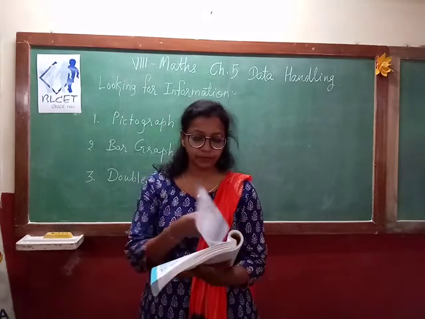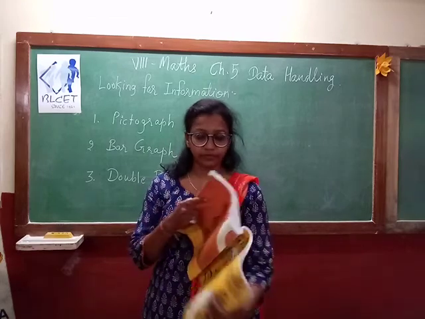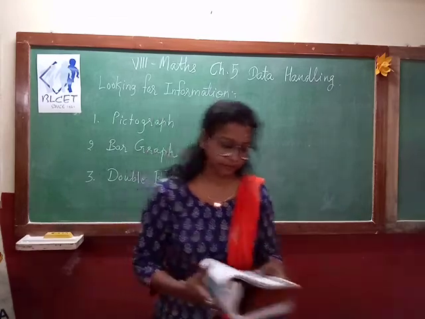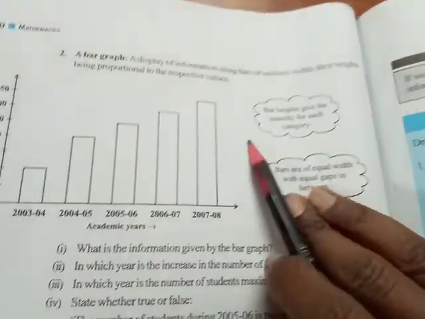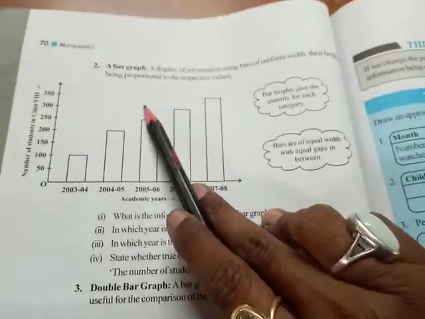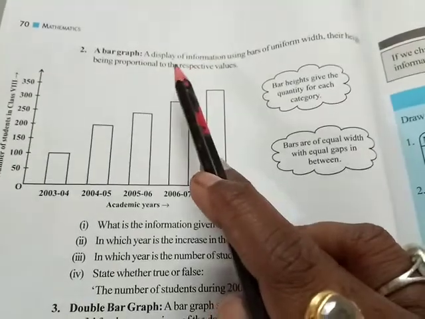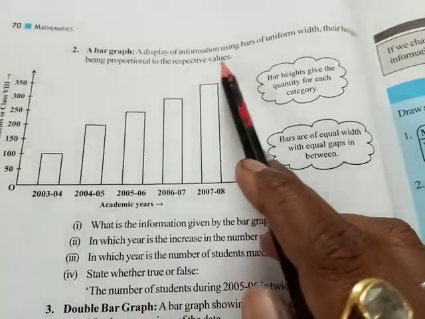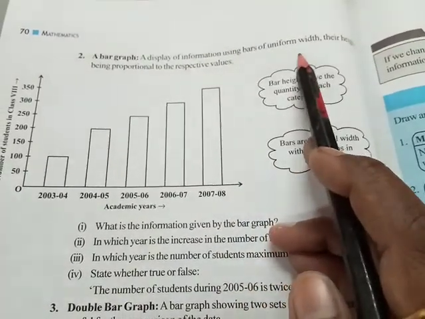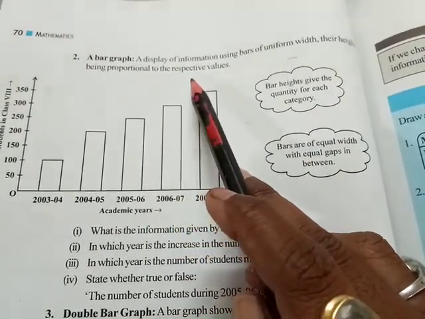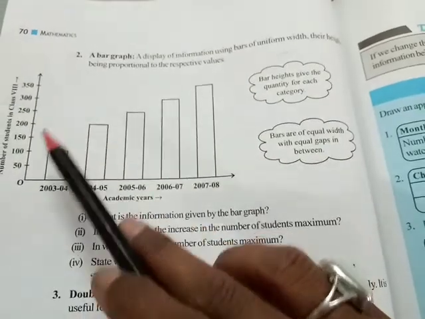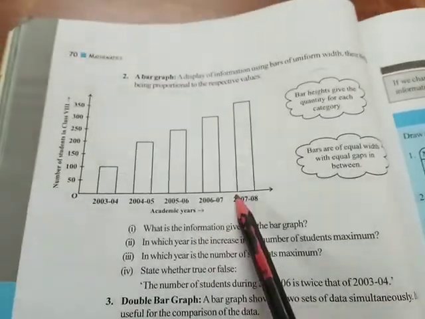Turn the page. Now you are given one graph. Let's see. This is the graph given to you, a bar graph. A display of information using bars of uniform width, their heights being proportional to the respective values. This we have already learned, how to draw the bar graph.